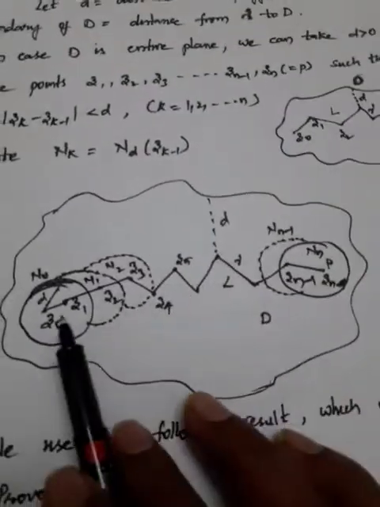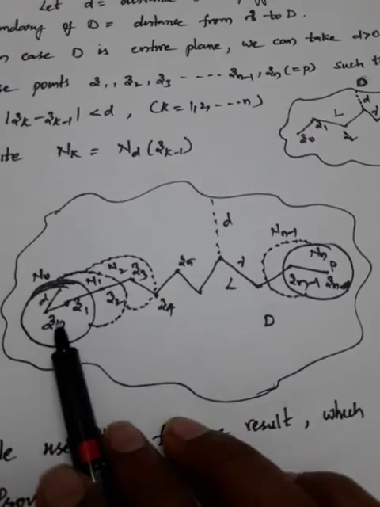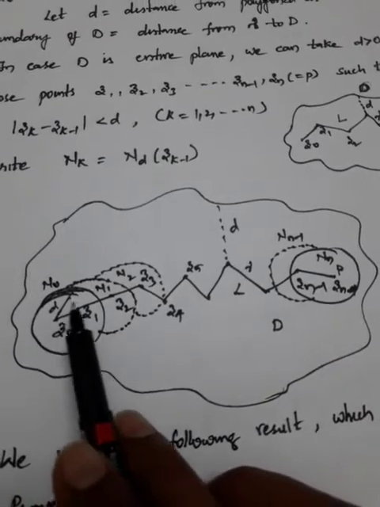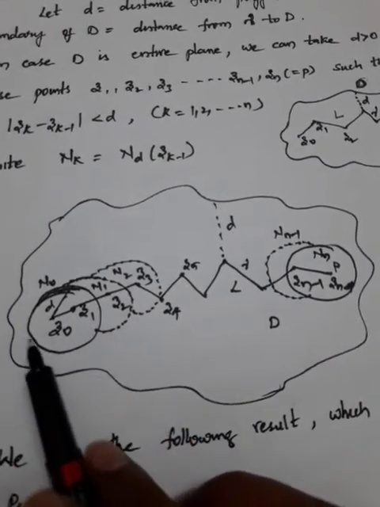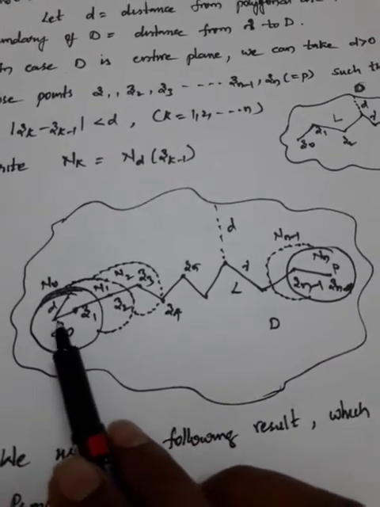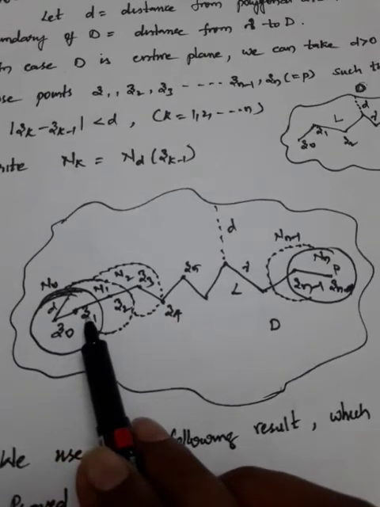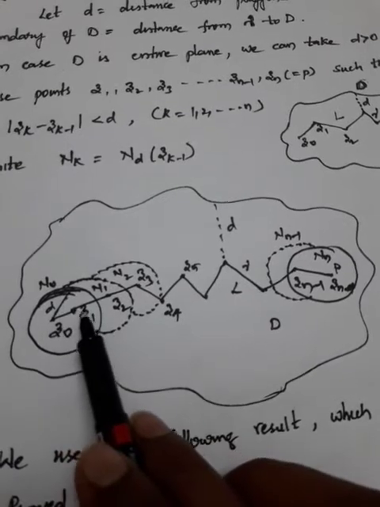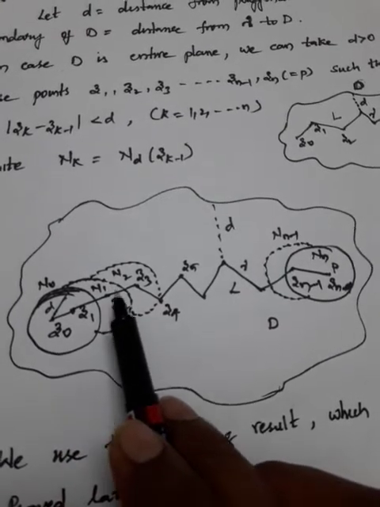Now this is the diagram: z0, z1, z2 and so on, zn-1, zn, which is P. We have taken a neighborhood N0 with center z0, and the point z1 is also included in it. In the same manner, N1 has center z1, and the point z2 is also included.